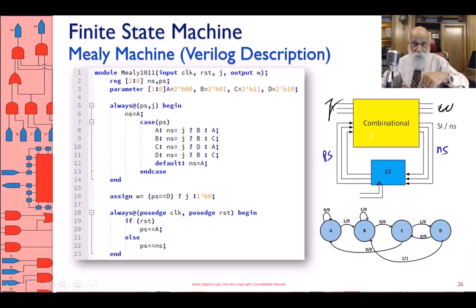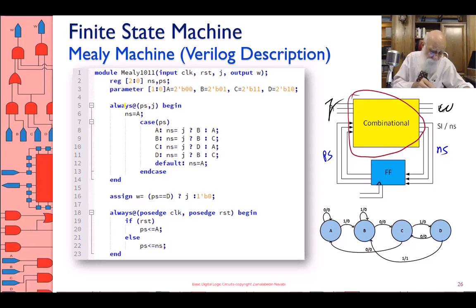So let's show the Verilog code as it corresponds to this block diagram I'm showing. See, the J input and the present state form the next state output, and therefore it's this always block here.